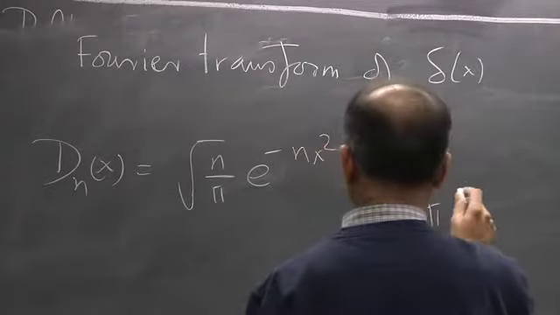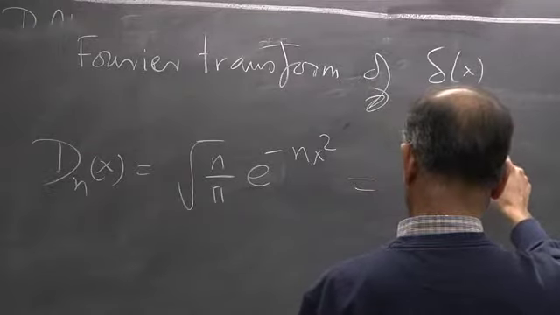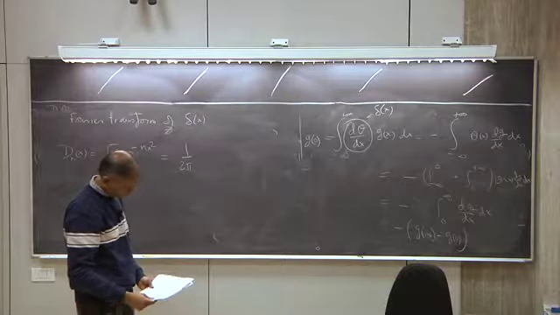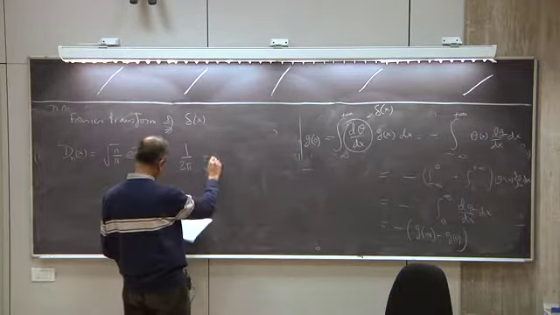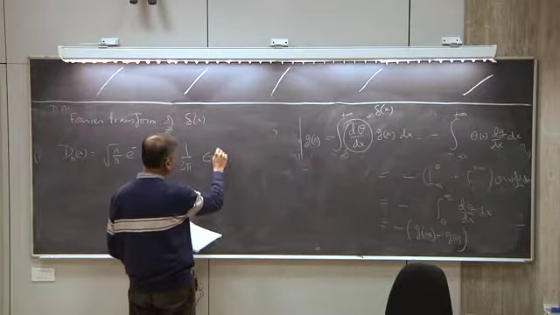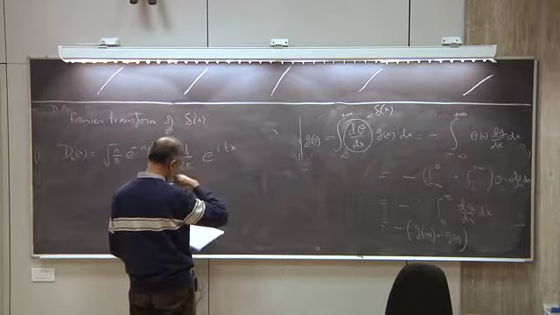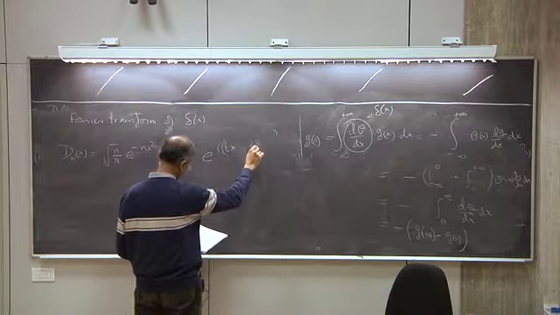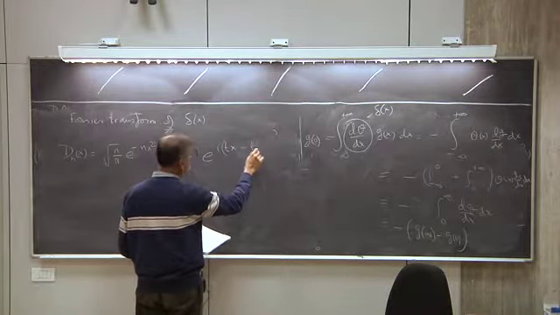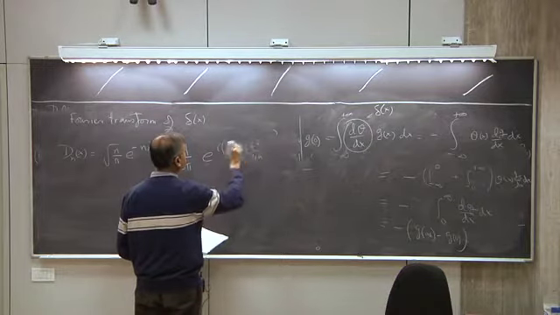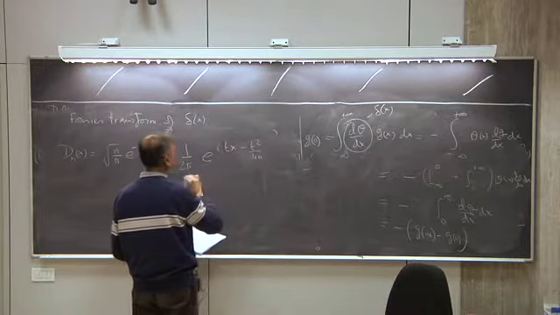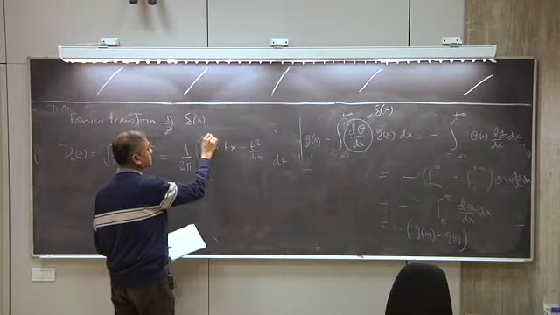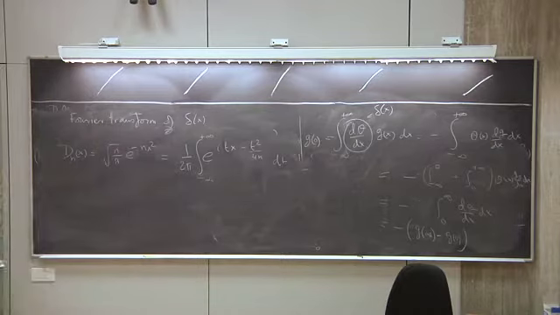It was simply 1 over 2 pi, times the integral of e to the power of i t x minus t square divided by 4n, dt.